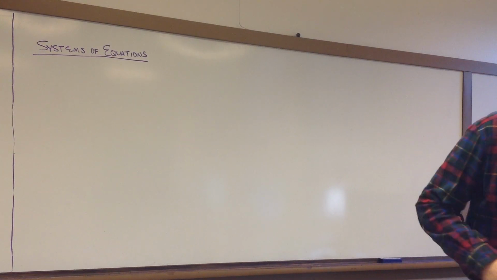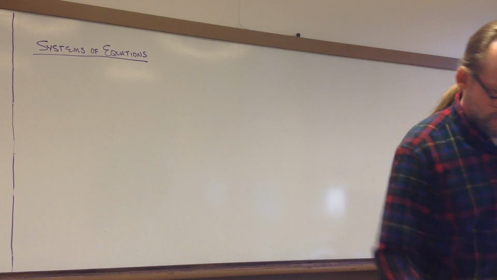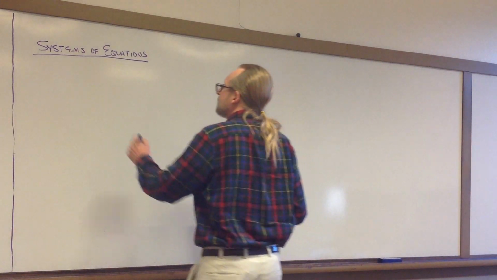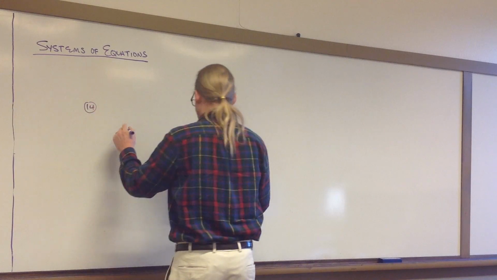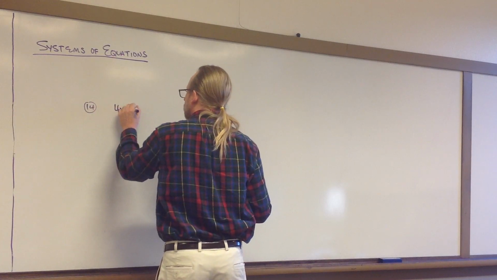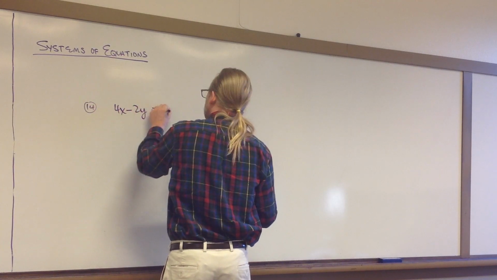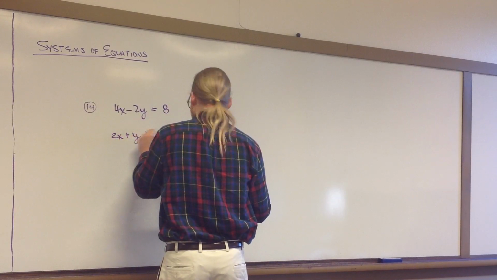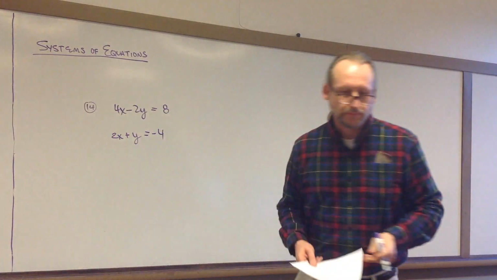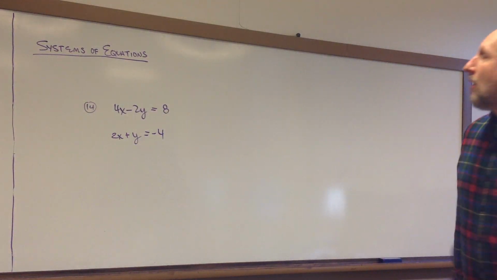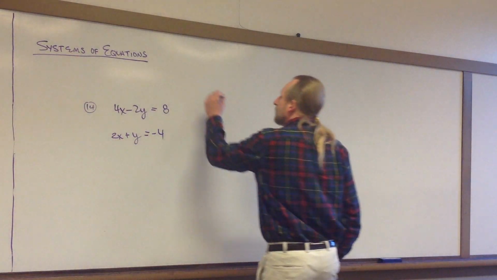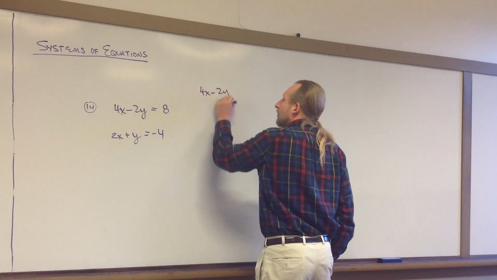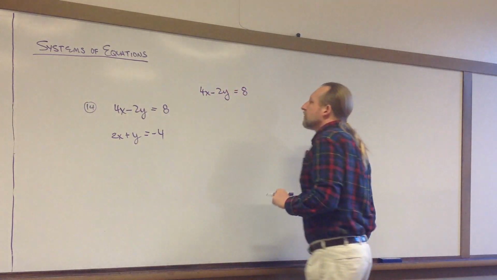Okay, let's see here. Problem 14. What do we have? 4x minus 2y equals 8. 2x plus y is negative 4. Okay, well, in the first one, 4x minus 2y equals 8.